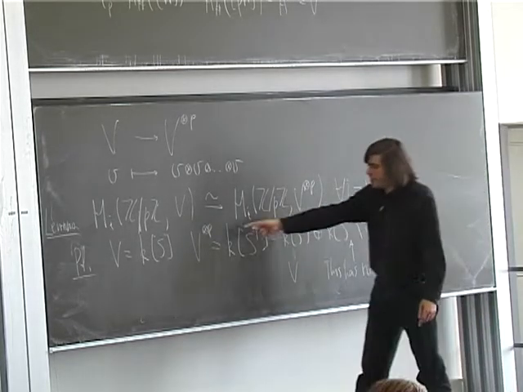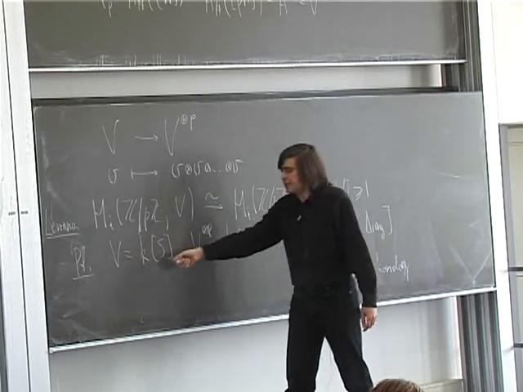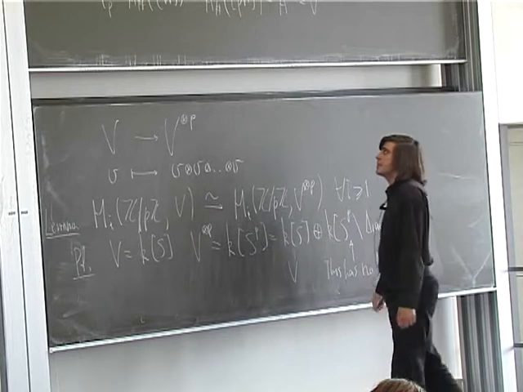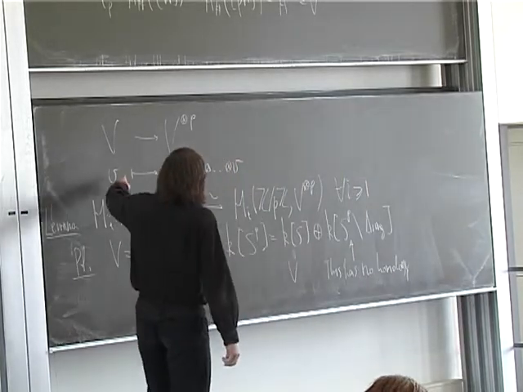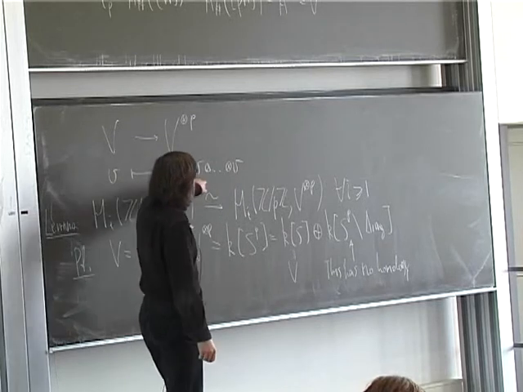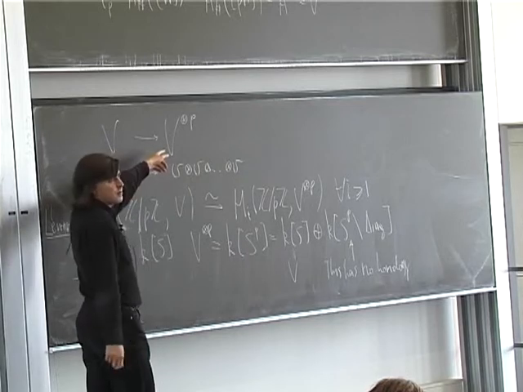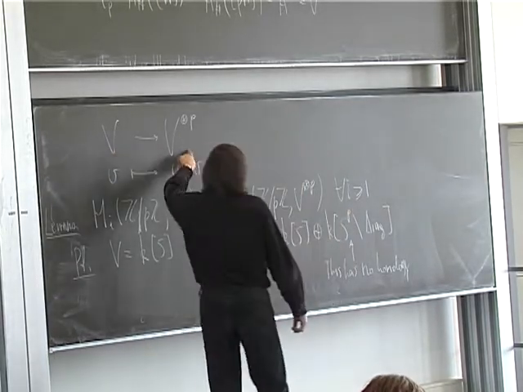Now, this identification of this and this, which I gave here, is not canonical. It depends on the choice of the basis. But since we already have a map, we can show that this map is good. So what we would like to do is correct this map so that it becomes additive, but still induces the isomorphism on homology. And hopefully also functorial.